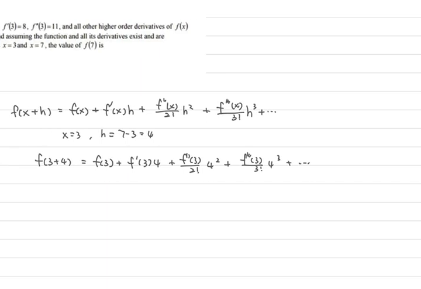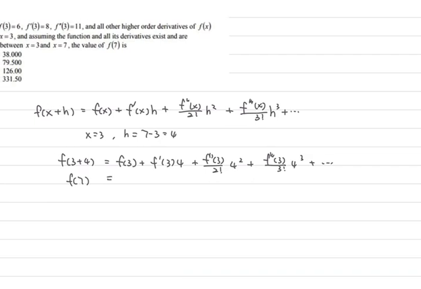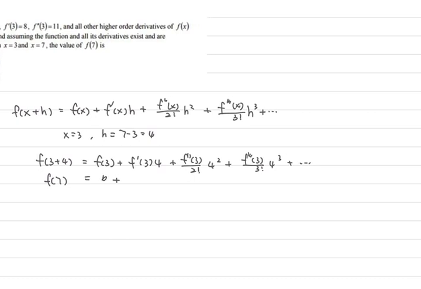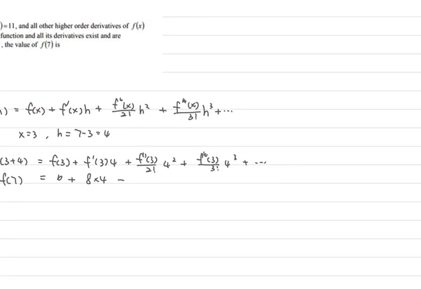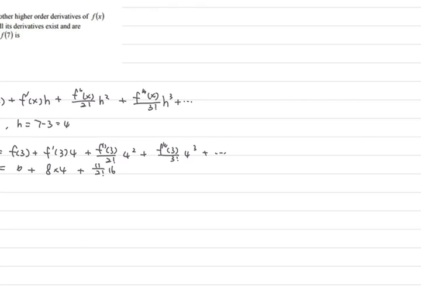And then calculate it. It is f of 7 equals, so we can know from the title that f of 3 is 6, plus 8 multiplied by 4, and 11, here's 16.